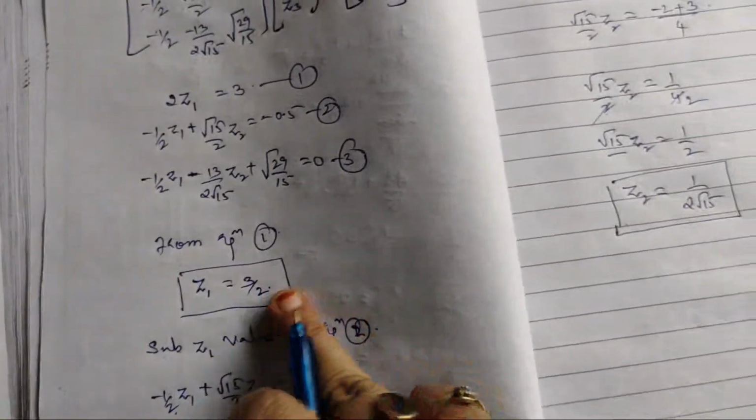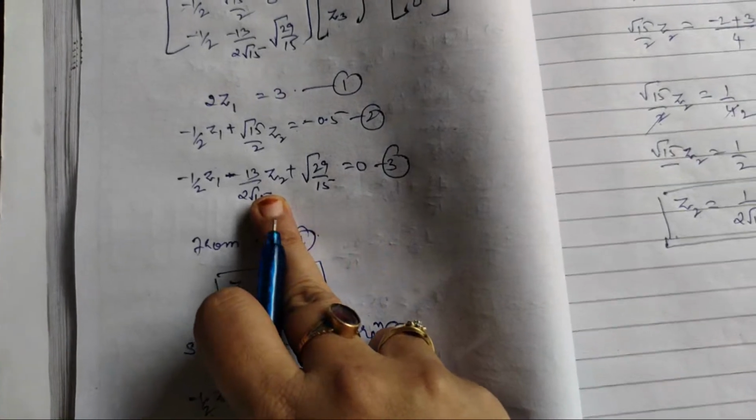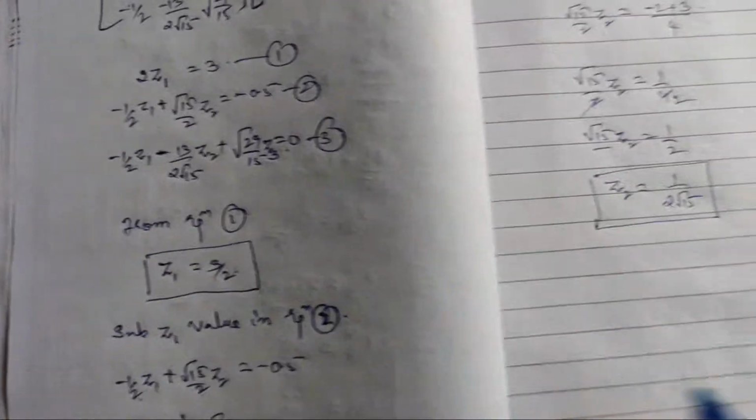Those z1 and z2 values we are going to substitute in the third equation. That is going to give you the z3 value.